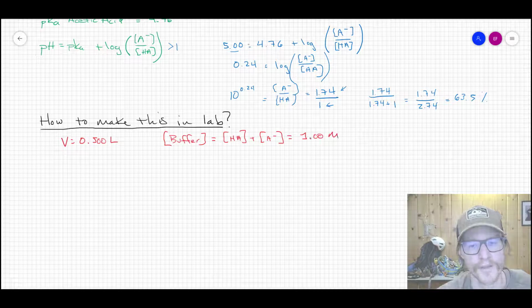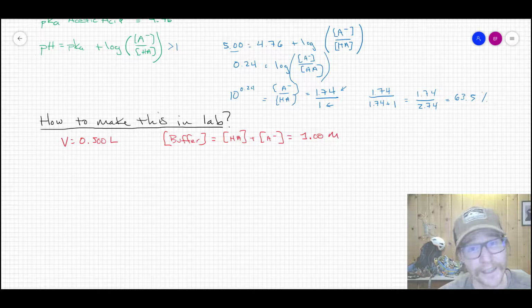So if somebody says make a 1 molar buffer at pH 5 and make half a liter of it, this is the constraint. So how do we actually do that in the lab?